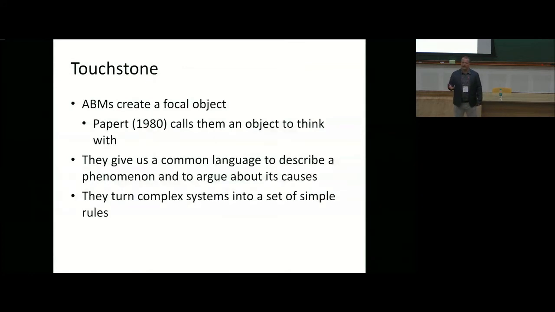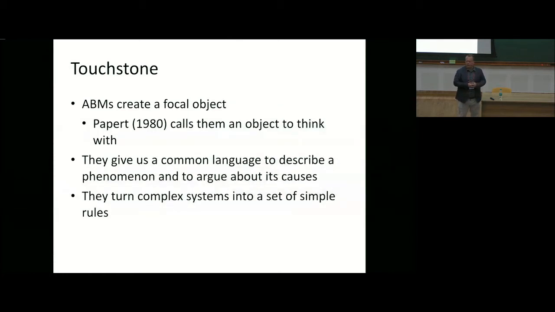Touchstone. I think of agent-based models as something we can all get behind, right? So essentially, if we have two competing theories about the way the world works, I can write an agent-based model that describes my theory, and you can write an agent-based model that describes your theory, and we can compare and contrast those models, right? They allow us to move beyond words to concrete objects, right?